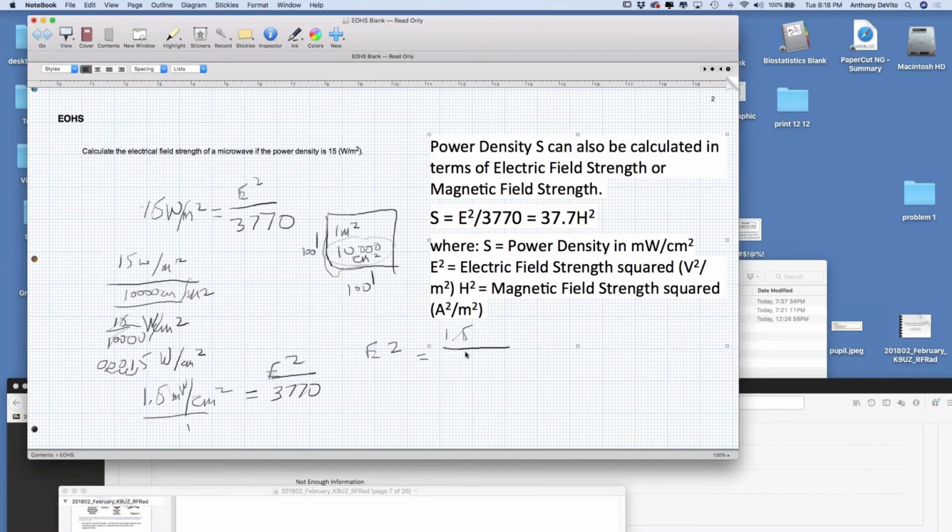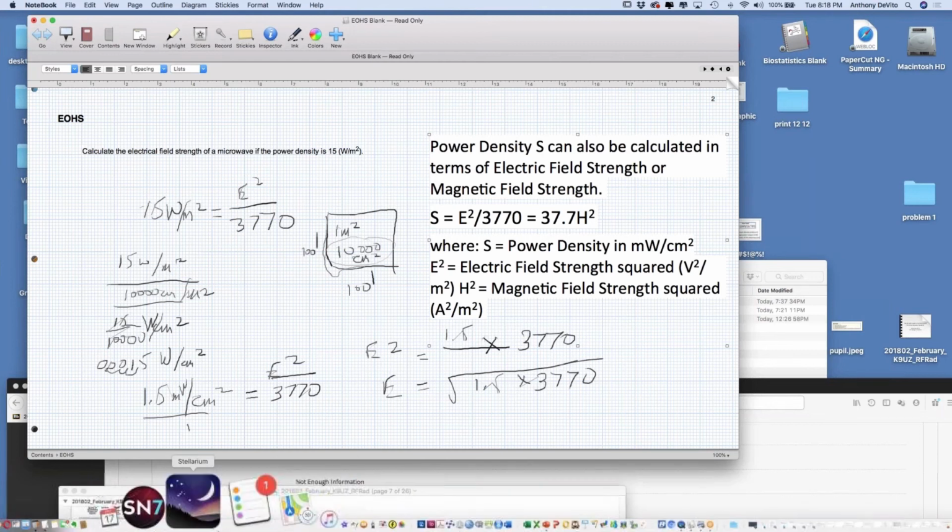Okay. Times, oops, 1.5 times 3770. So E is going to be equal to the square root of 1.5 times 3770.